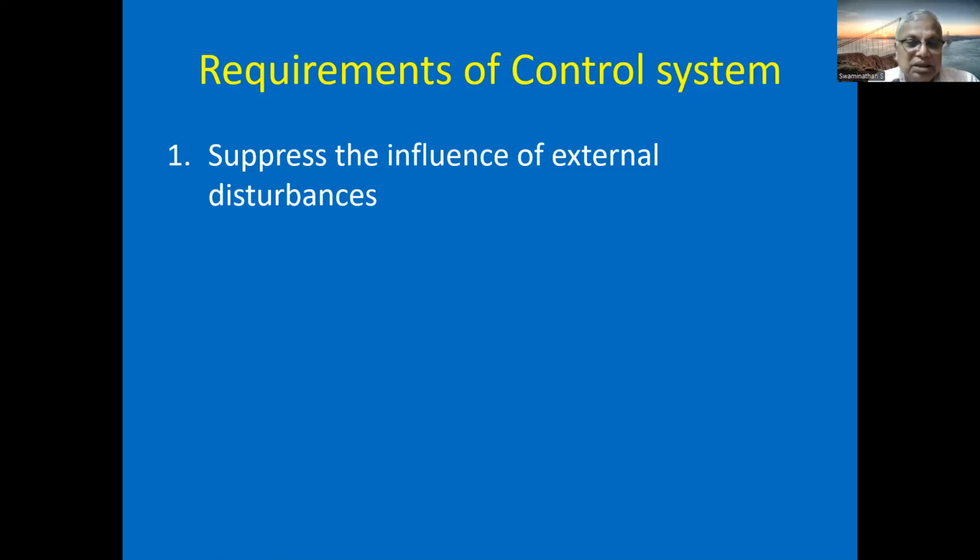If these external disturbances are not corrected, then you will not get your required objective of the oil output being 70 degrees. So when you put in a control system, it should be able to suppress the influence of external disturbances.